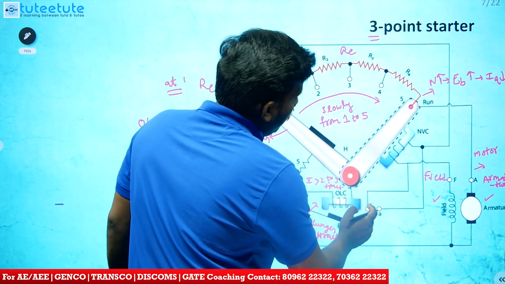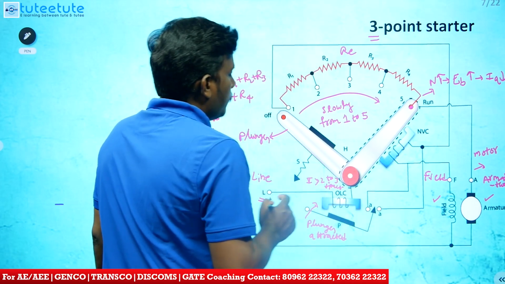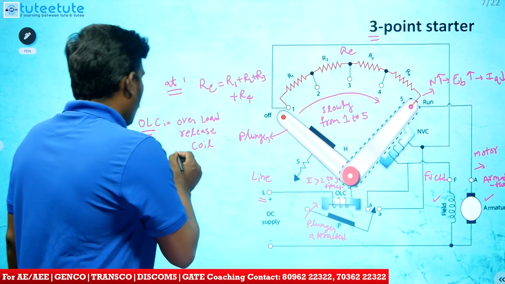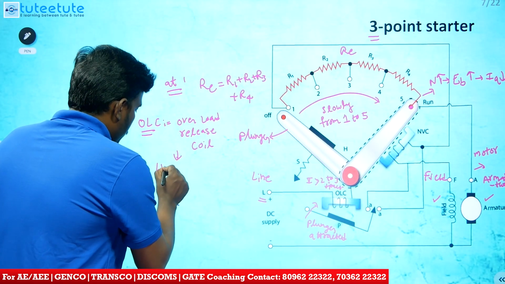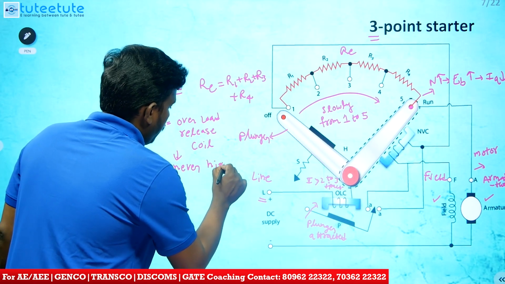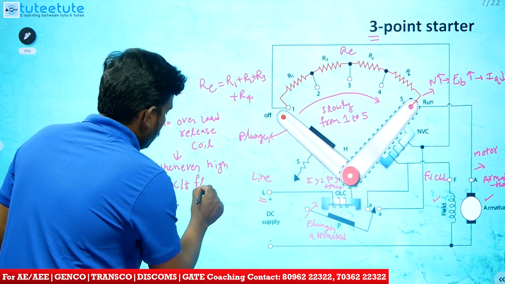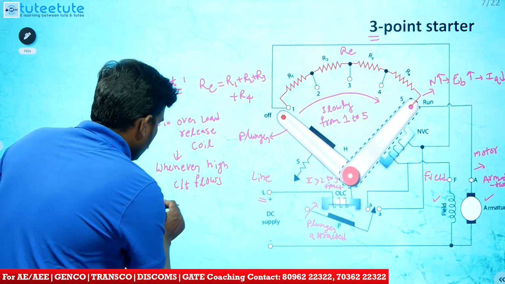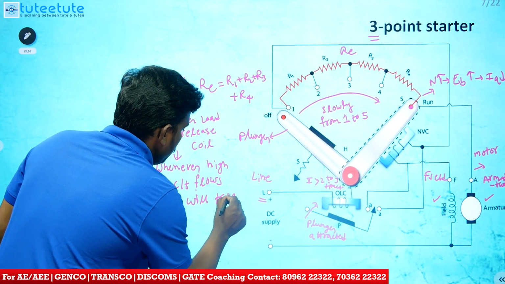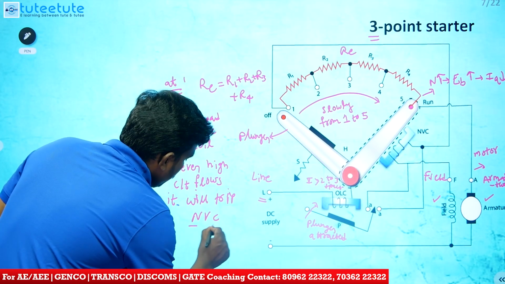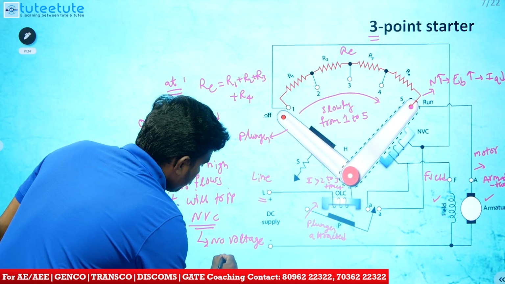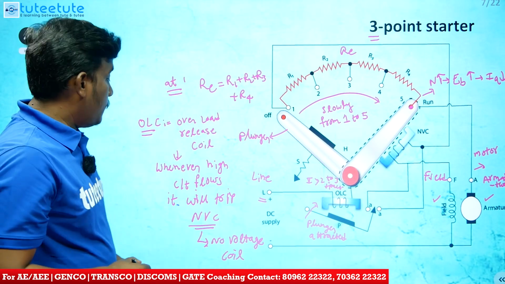Whenever the plunger is attracted, the supply to the NVC is tripped. So whenever high current flows, the overload coil trips the NVC, the no voltage coil.